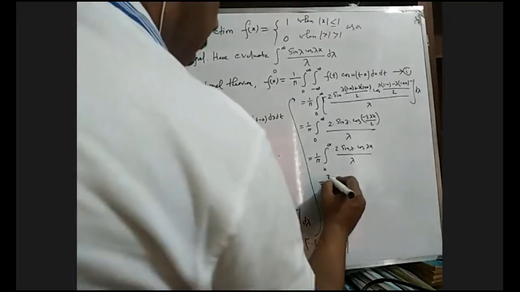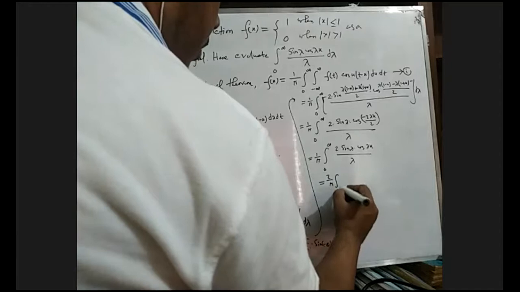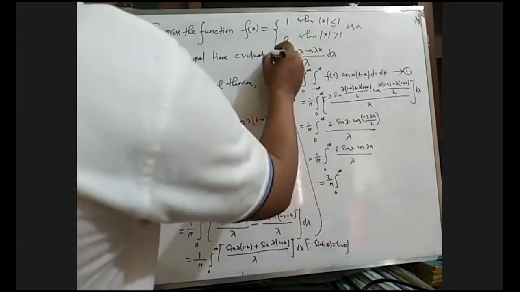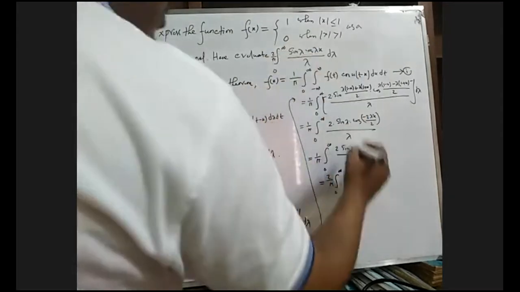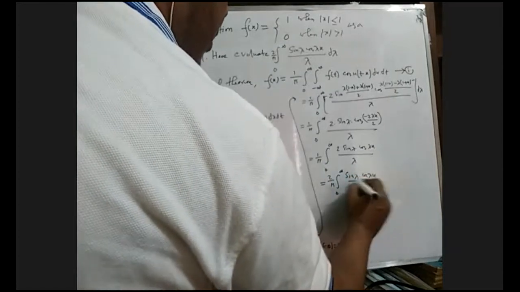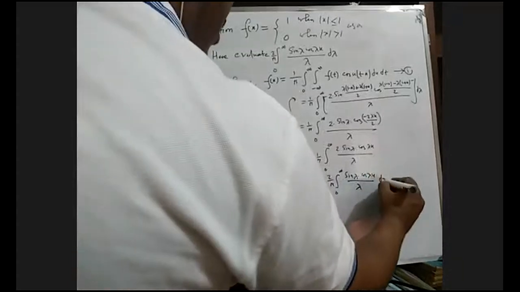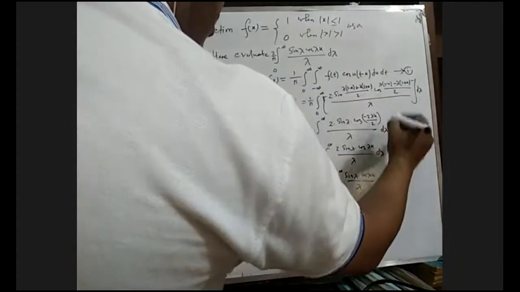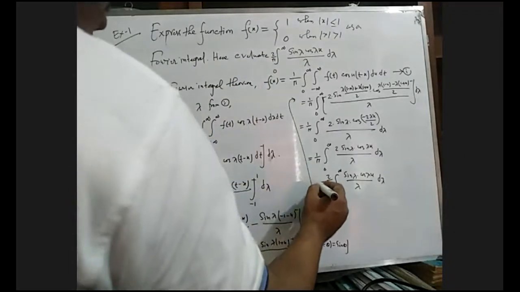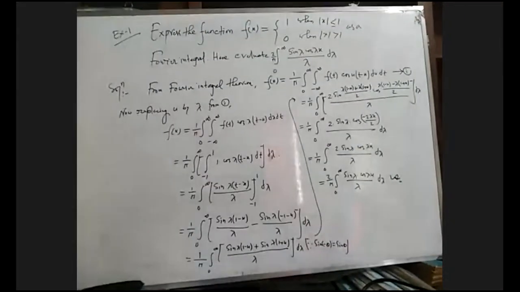Therefore 2 divided by pi, 0 to infinity, here 2 by pi, sine lambda cos lambda x divided by lambda. This is the required integration of f of x. This is the result for us.